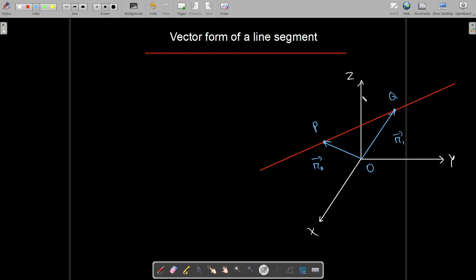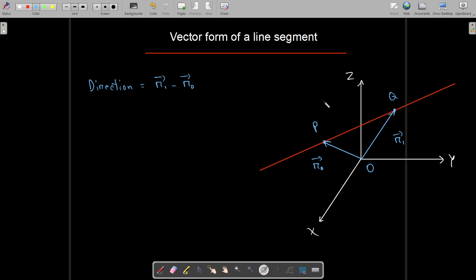So if I ask you what is the direction from P to Q, so the direction of P to Q becomes direction of PQ. So direction of P to Q becomes R1 minus R0. Easy. So this is the direction from P to Q. Okay, we get the direction.